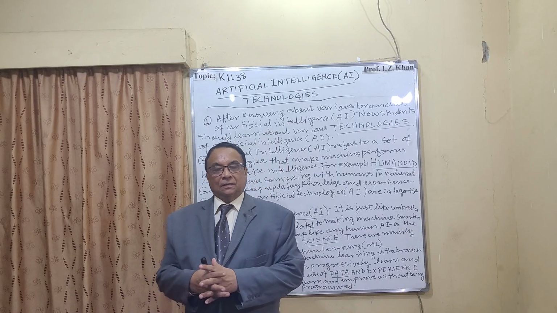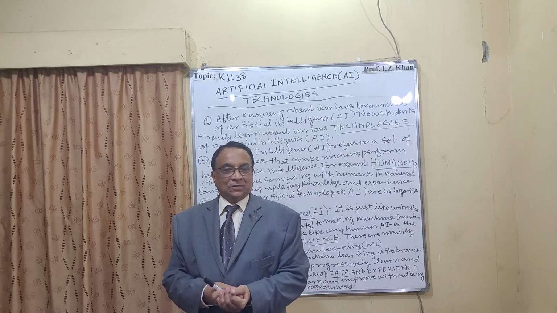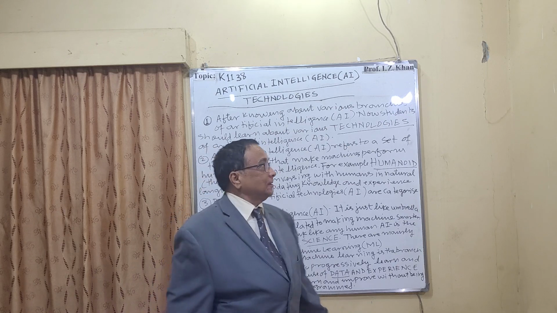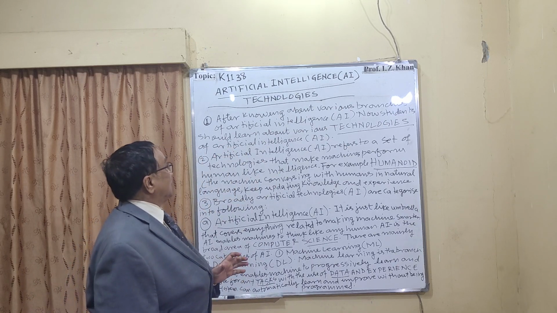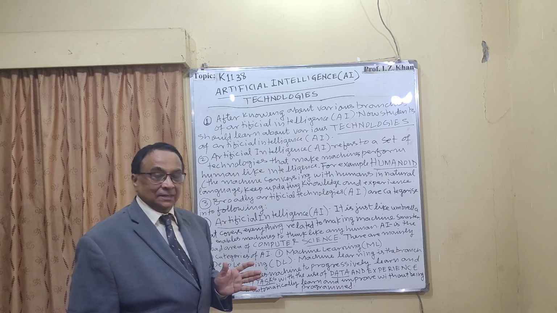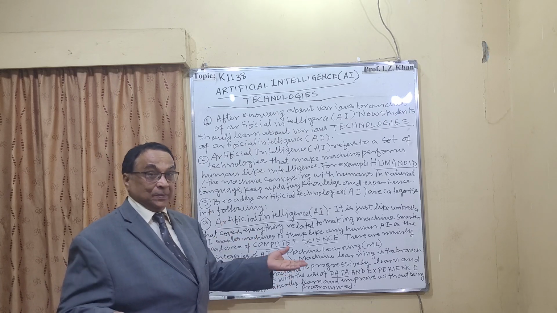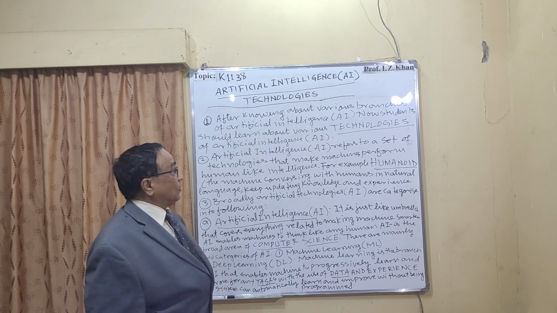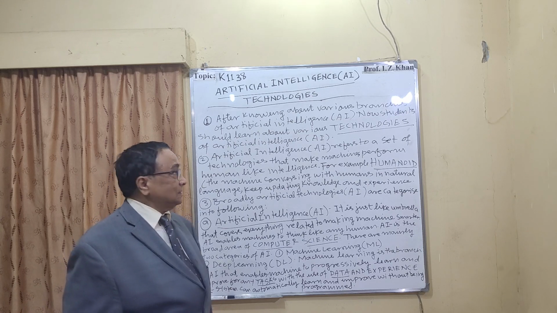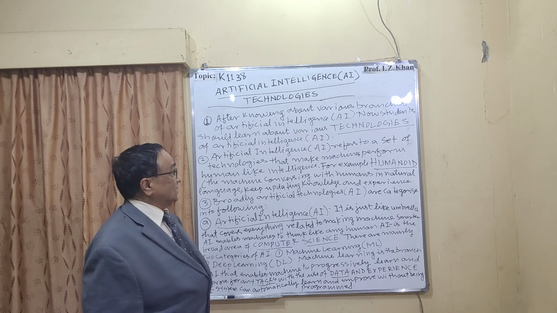So here, what I was discussing, I have written here. Number 1, after knowing about the various branches of artificial intelligence that we discussed in the previous lecture, now students should learn about various technologies of artificial intelligence.